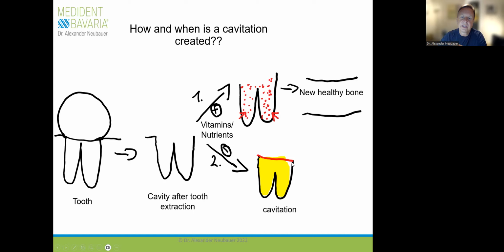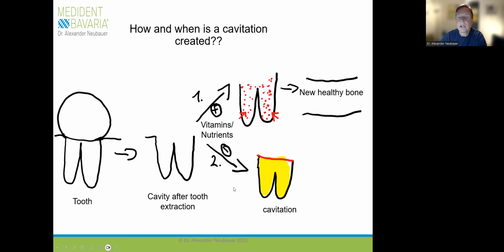What the body creates is just a tiny closure with the gum on top of this hole, but the hole inside the jaw stays a hole. There are no blood vessels, there is no blood clot, and there is just a hole, and this hole will be the new home for bacteria, viruses, toxins, heavy metal, Borrelia, and everything like this.